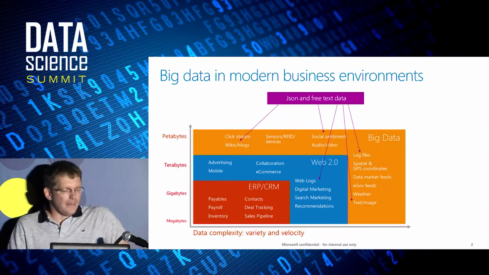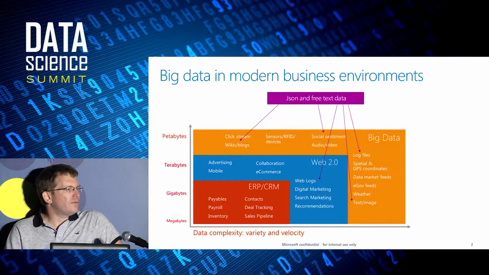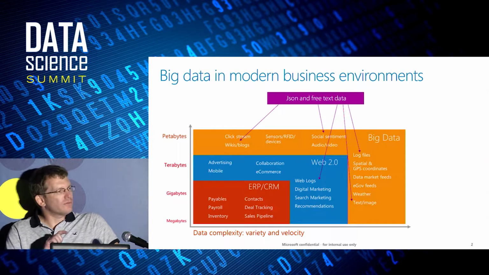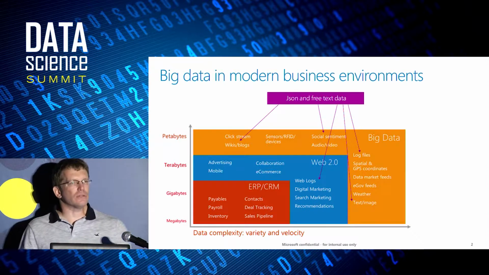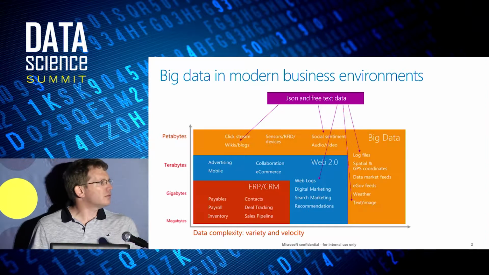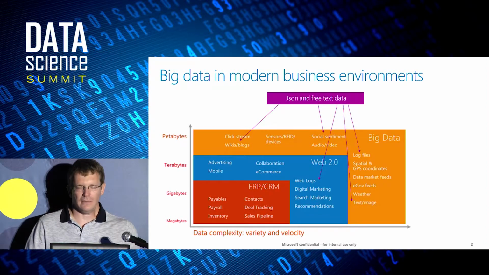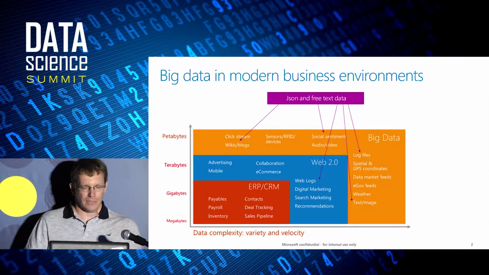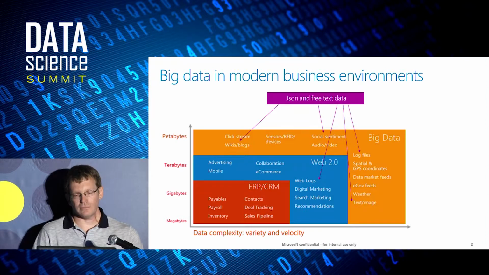And it changes. New types of content, new types of information keep coming in and out. Different vendors keep changing. So the dynamic nature of this data set, with its high variety, is challenging.